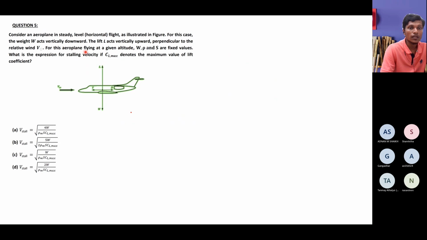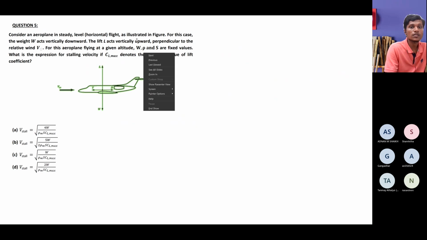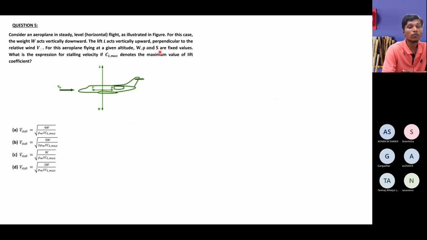For this aeroplane flying at a given altitude, W is the weight of the aeroplane, rho is the density of the air, and S is the planform area of the wings. If you see the wing from the top view, the area that you will see, we call that S, the planform area. These are fixed values, not variable.